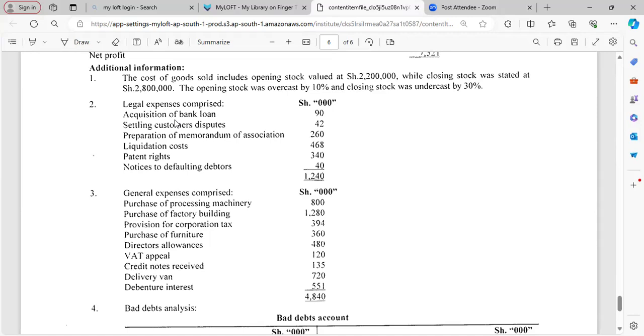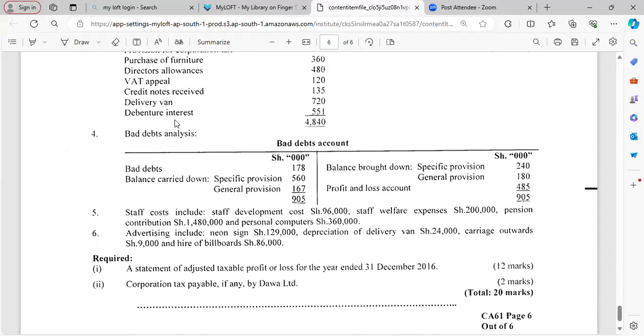General expenses comprised purchase of processing machinery, purchase of factory building, provision for corporation tax, purchase of furniture, directors' allowances, VAT appeal, credit notes received, delivery van, debenture interest, bad debt analysis.